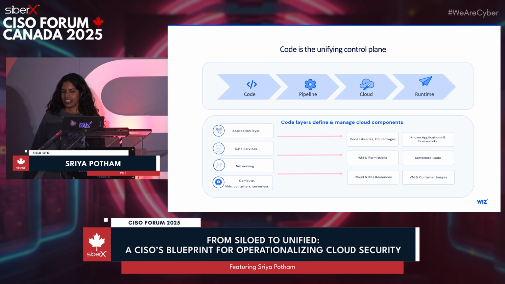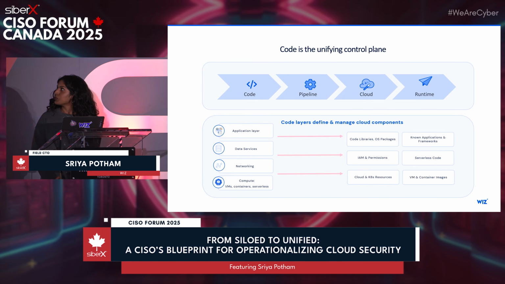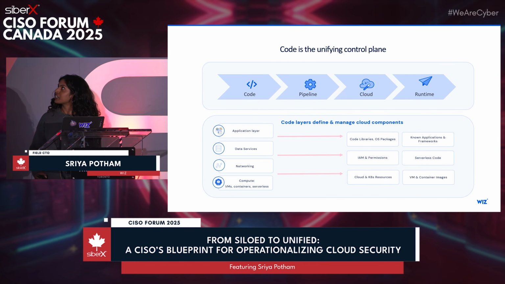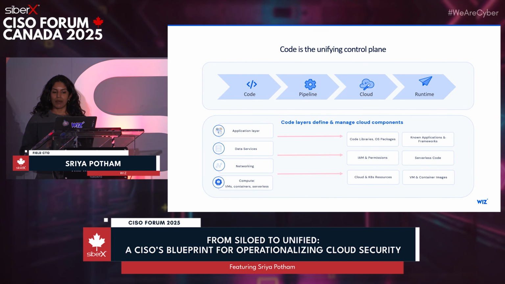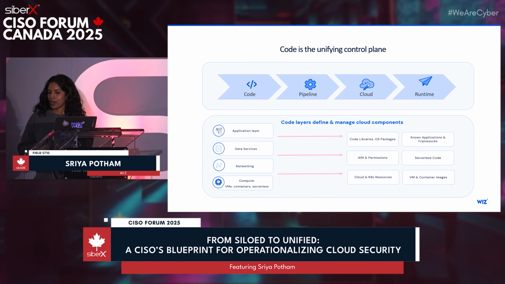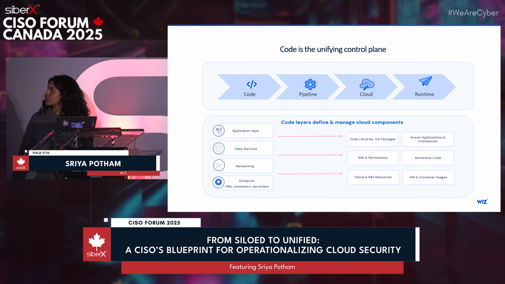Code has shifted from being an isolated tool to the unifying control plane for the entire cloud environment. At the application layer, code defines frameworks, libraries, and OS packages that enable applications to run consistently across environments. At the data layer, code governs IAM and permissions, managing who has access to what data, ensuring both security and compliance.